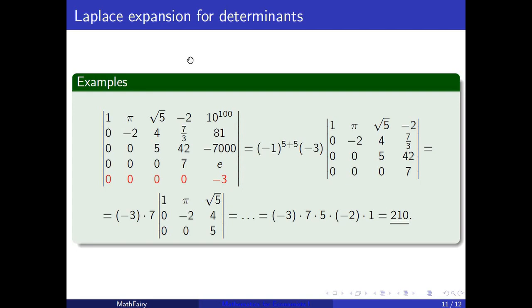And I'll be left with a 4 by 4 situation that is very similar to the previous one. I pick the last row to expand my determinant, and that will make me pick up a multiple of 7 along the way, and I'll be left with this 3 by 3 matrix. Continuing on, we get that the determinant of this 5 by 5 matrix is actually just the product of the main diagonal elements, giving us 210.